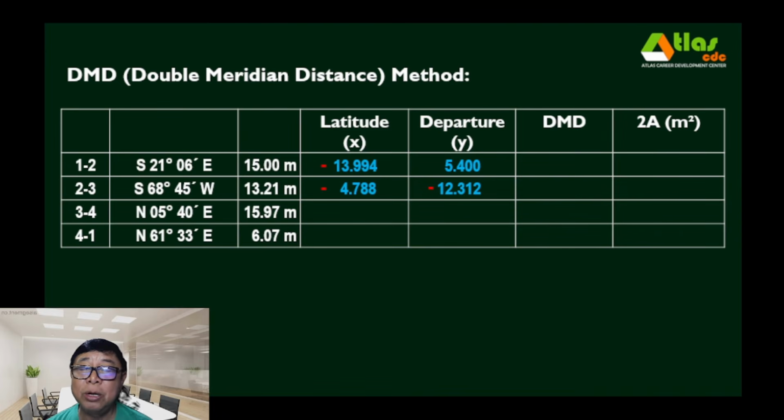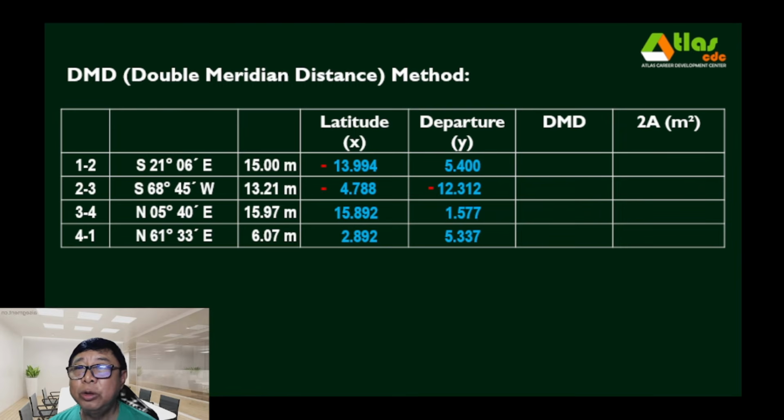By the way, the calculator does not show the negative sign, so you have to assign that negative sign. Then line 3-4 will give you 15.892 for your latitude and 1.577 for your departure. And then the last line, 4 to 1, will give you a latitude of 2.892 and a departure of 5.337.